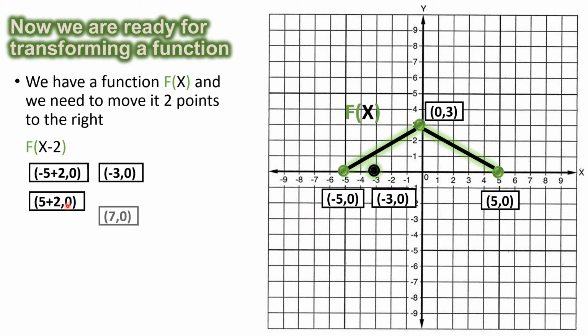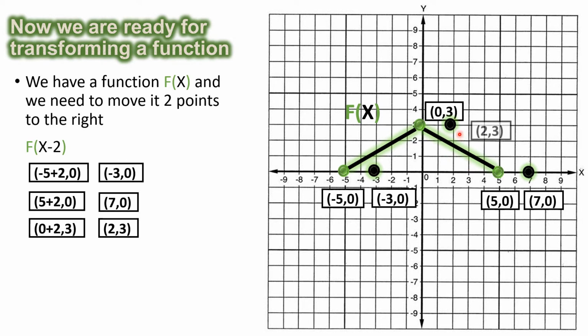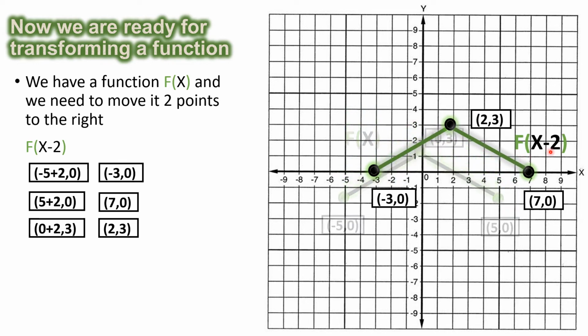We add 2 to the 5, we have 7 and 0. The point will be here. Now, for this point, 0 and 3, we add 2 to the 0, there are 2 and 3. The point will be here. Now this is f of x minus 2. Let's take a look at f of x. If we move all of it to the right 2 points, you see, they are the same.